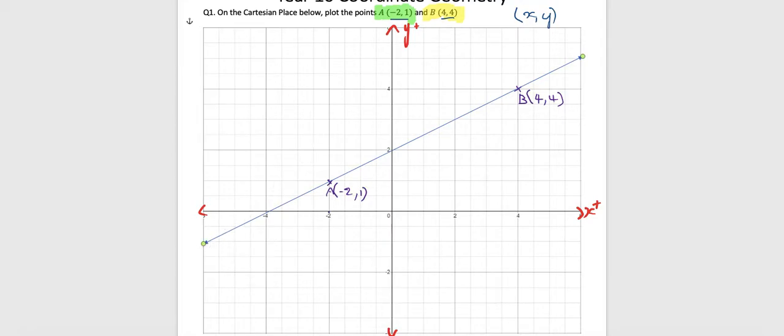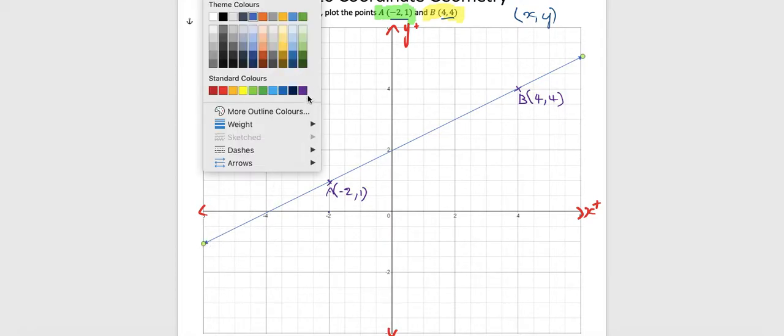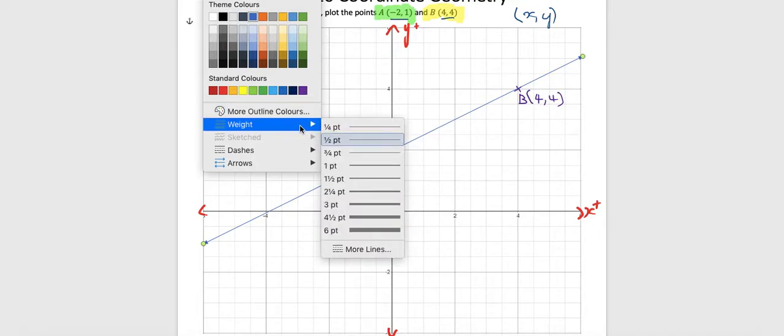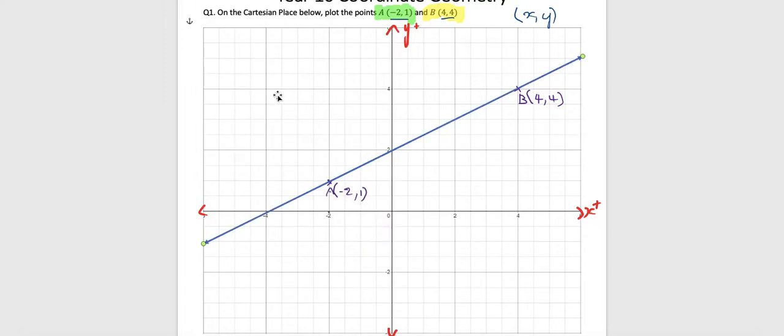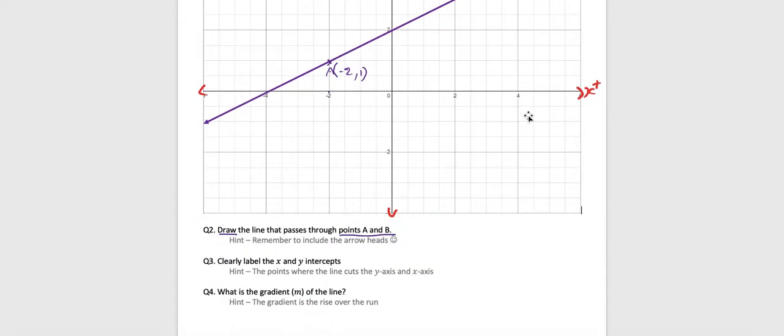The reason it does that is because we're drawing a line, and when we draw a line in mathematics like this, it has neither an end nor a finish. So we draw the line and then we put some arrowheads on it, and the arrowheads denote that the line has neither a start nor a finish.